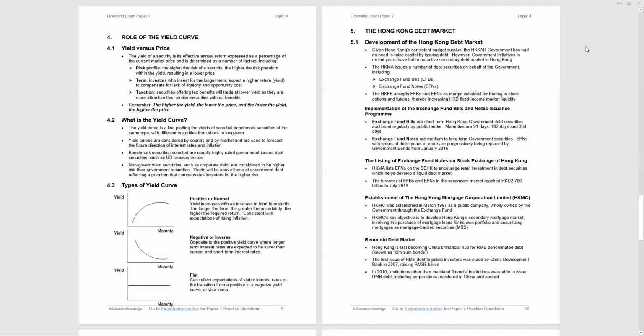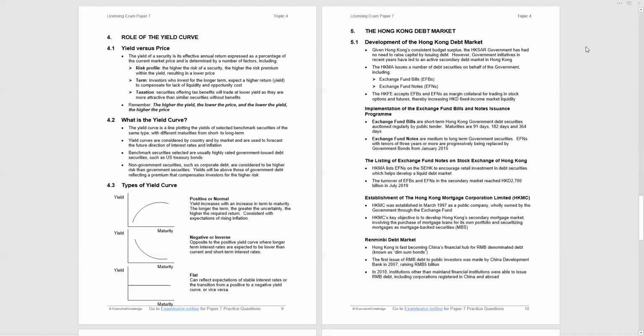That was established in 1997, and it's the equivalent of the US Fannie Mae and Freddie Mac. Its objective is to develop Hong Kong's secondary mortgage market, involving purchasing of mortgages, often from banks, and then issuing mortgage-backed securities that are linked to the underlying mortgages.